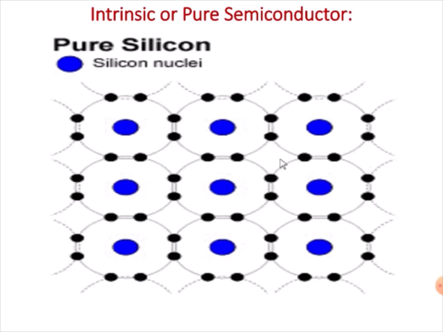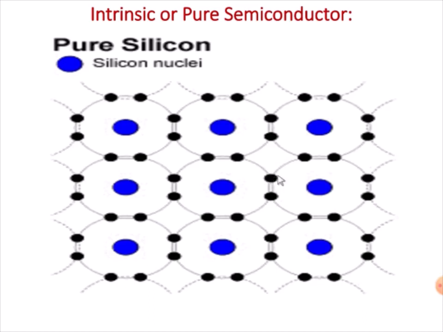But that is the case at 0 Kelvin. If you increase the temperature a little, due to that thermal energy the covalent bond may break up and free electrons will be available. Suppose the covalent bond breaks here; then an electron will come out of that atom and be free to move about.